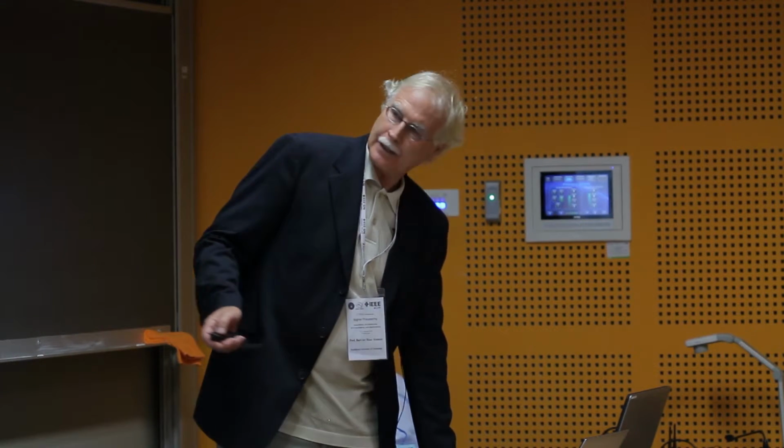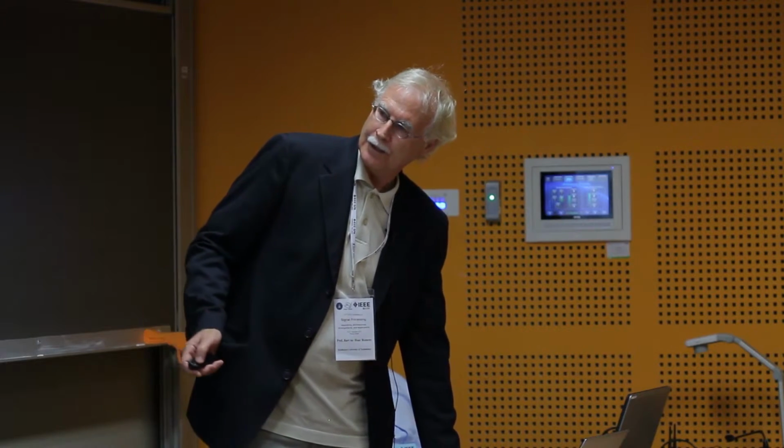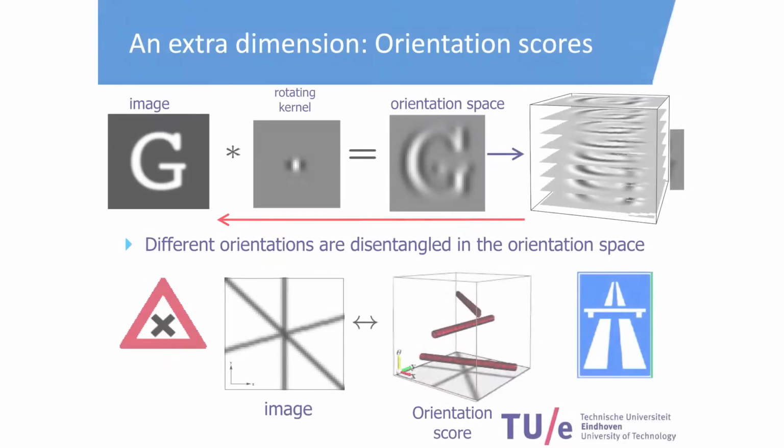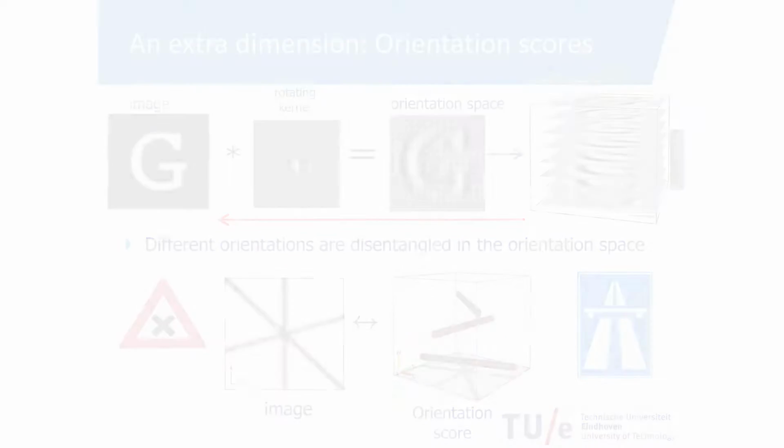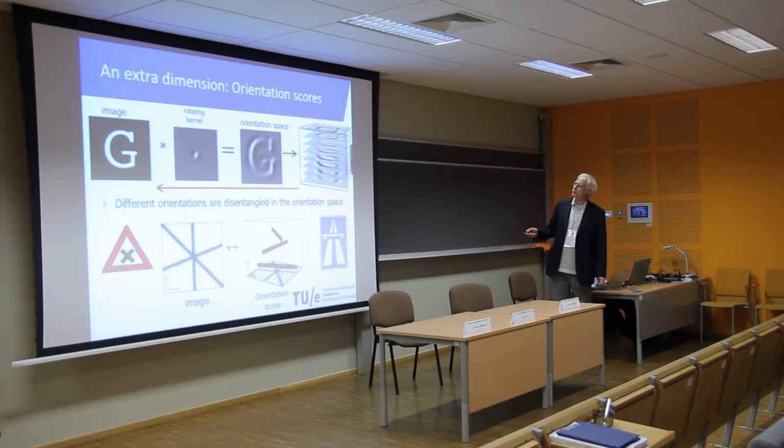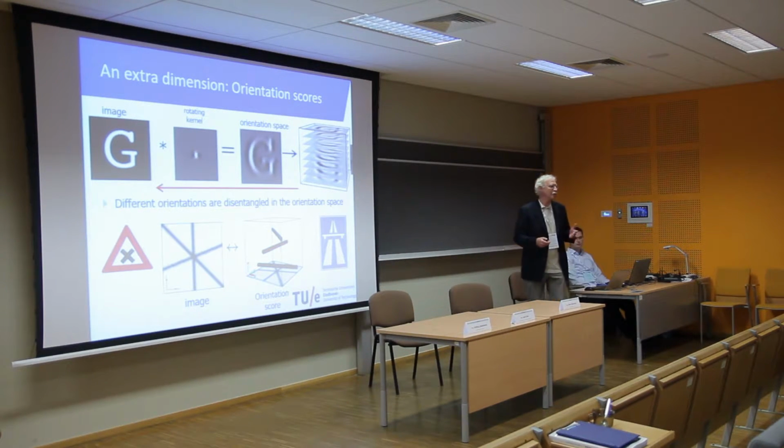If you have, let's say, about 24 of these filters, you filter this image by this rotating filter, and then you get a new space. We call this the orientation space. And this is actually measured in these pinwheels. It is a very rich structure, and we did differential geometry on this structure. You can do all kinds of measurements on it.